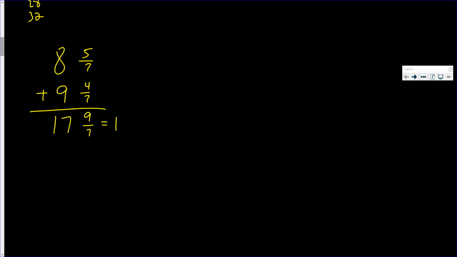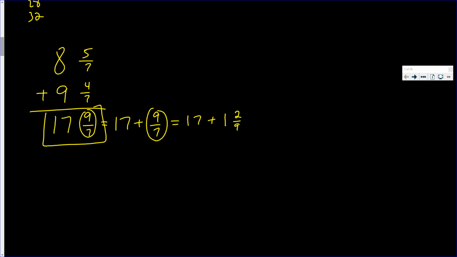So this is 17 plus 9 over 7. The reason I'm not stopping right here is that's improper. It's 1 or more. And this becomes 1 2/7. After all, 7 goes into 9 one time with 2 left over.